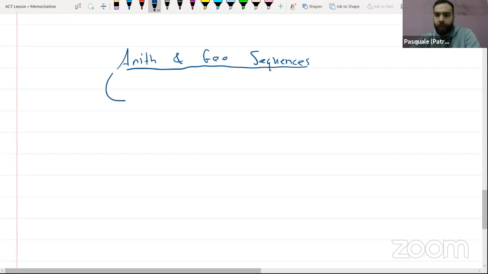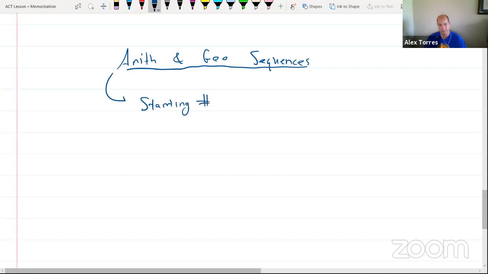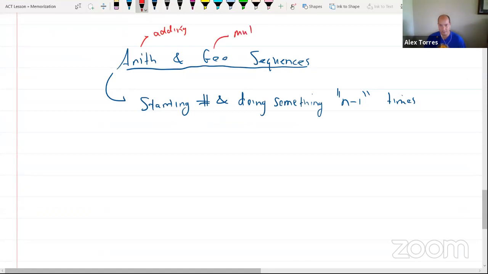Yep. Okay, so the idea of a sequence is you have a starting number and you're doing something to that number, and you're doing it n-1 times. So now arithmetic sequences are where you're adding, geometric sequences are where you're multiplying.